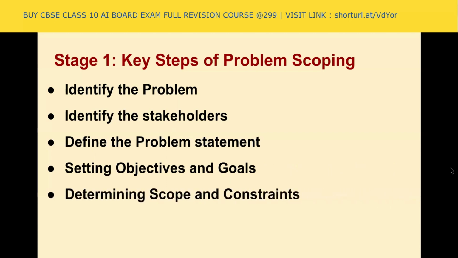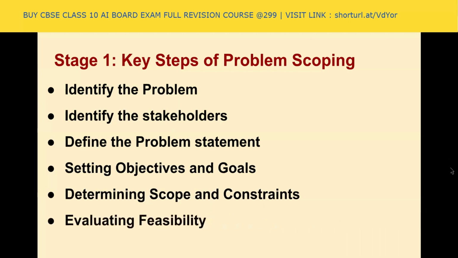Again, we need to see the scope and constraints. It means everything is not possible, and if we try to do everything, maybe we will not be able to get the final product. So we need to limit it. If you try to do everything in one particular application, that is not possible. So you need to see what the scope and constraints are.